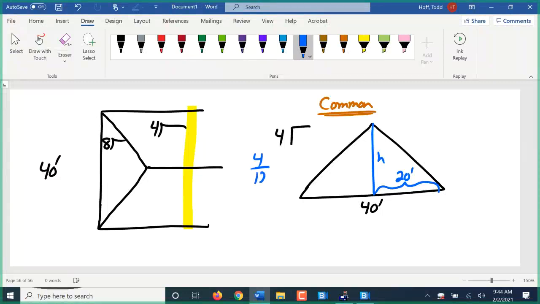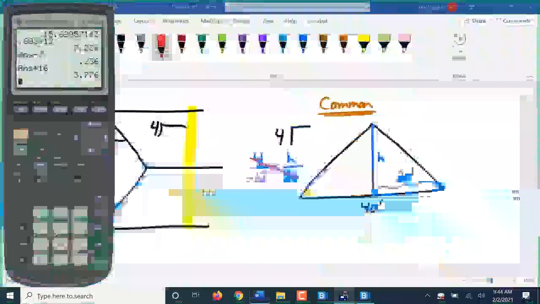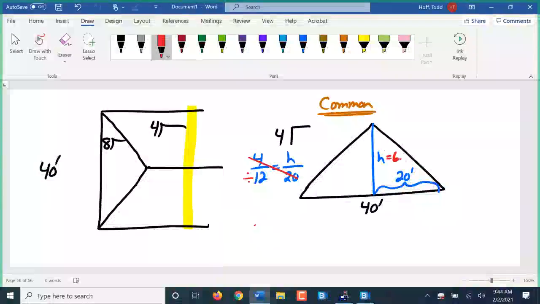We're going to have 4 over 12 equals h over 20. And we'll cross multiply and divide. 4 times 20 divided by 12. I believe that gives us 6.666. 6.667, we're going to call that. Now we need to find the length of our rafter.